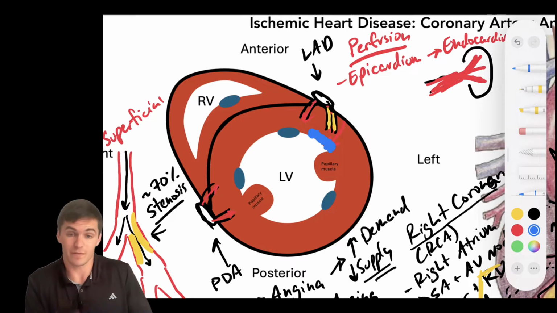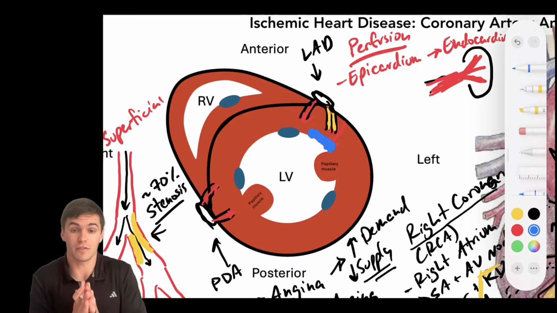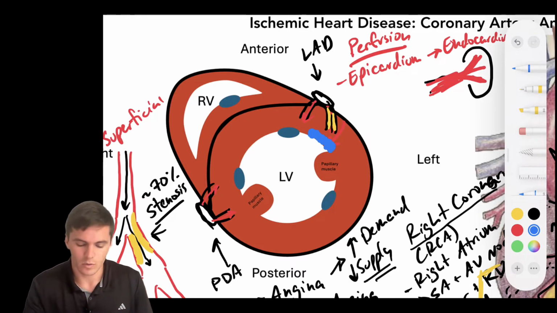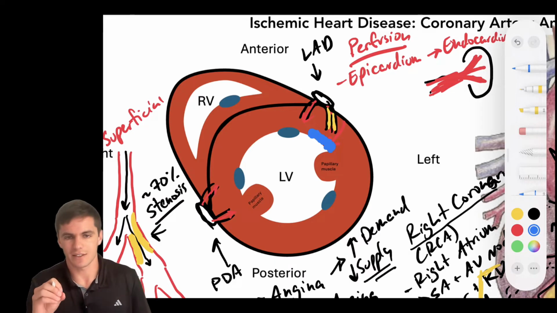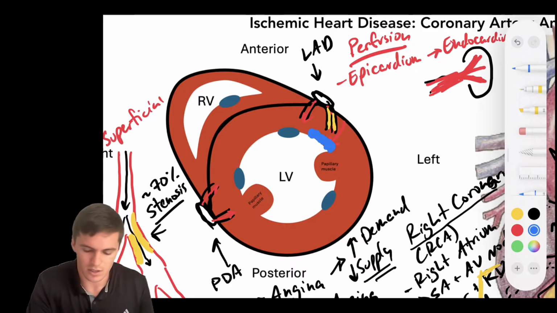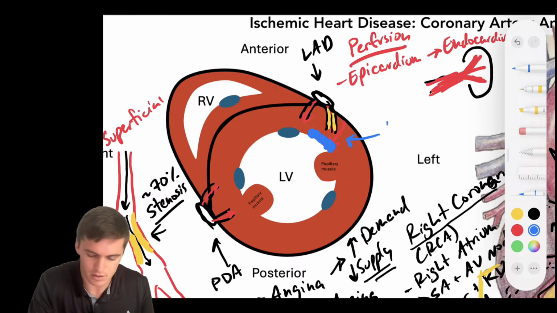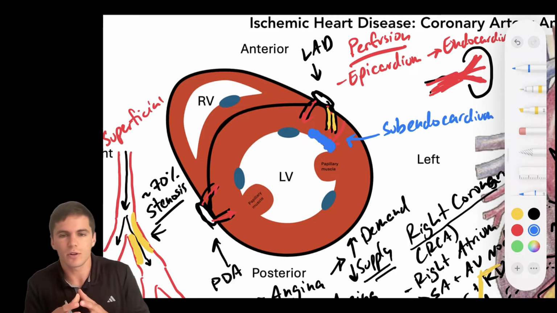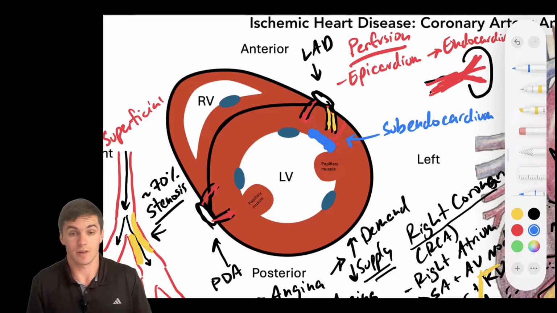And if that vessel gets so narrow, it can become infarcted. When that happens, that deep layer, we call that the subendocardium. We get subendocardial ischemia, and you can sometimes have an MI.